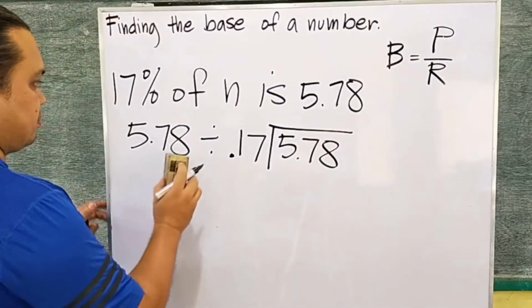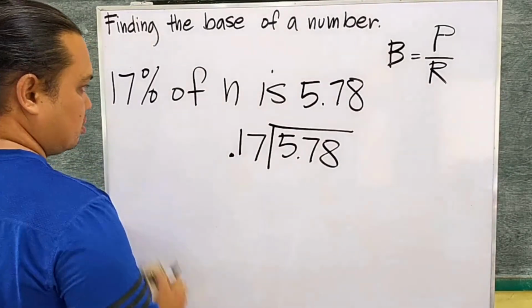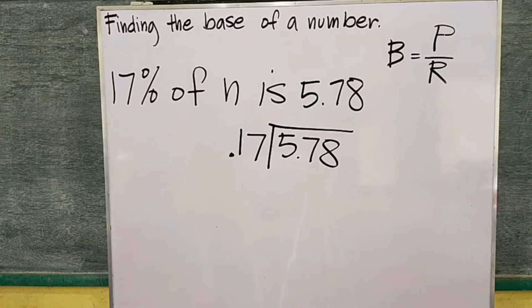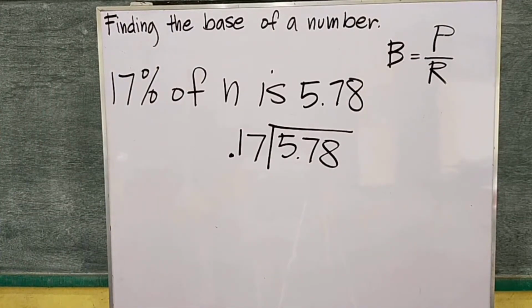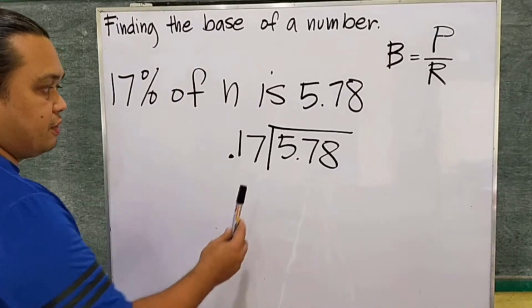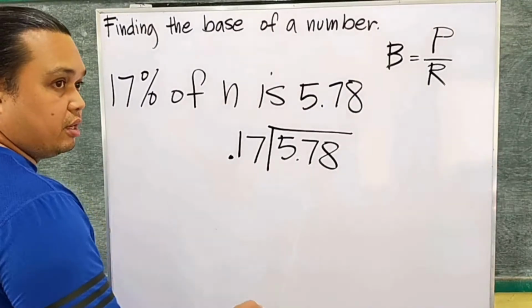So that will be our solution. We are now dividing a decimal number by a decimal number. To divide them, change first the decimal number here into a whole number. How?